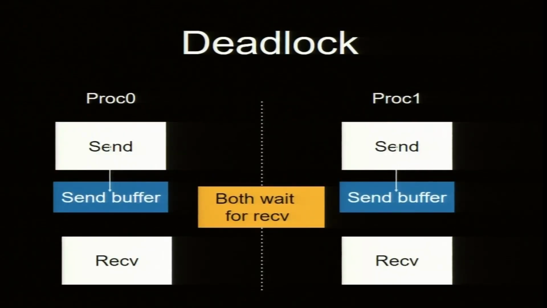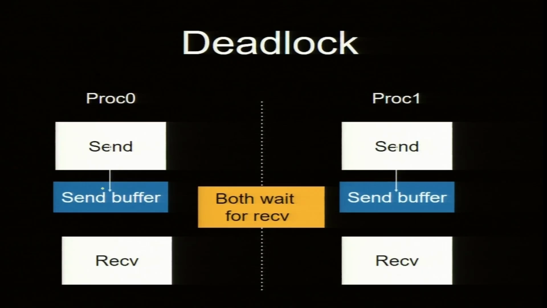So, let us cover this one called deadlock, and I will end after this. Let us finish this part. Two processors both are sending. In the earlier example, one sent and the other received. Now, imagine that process 0 is sending and process 1 is also sending different data. What will happen in a blocking send receive?